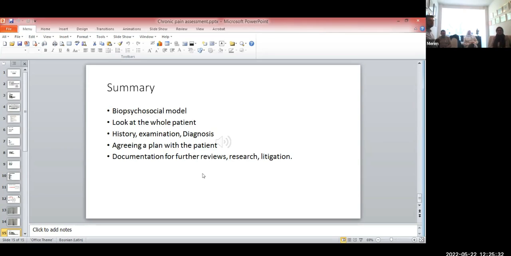Documentation for further reviews, research, litigation. So you must have a filing system, either digital or written. Obviously, in UK, if you do this, you have to join a membership of a company. You pay them, they give you what you should do for security in your house.